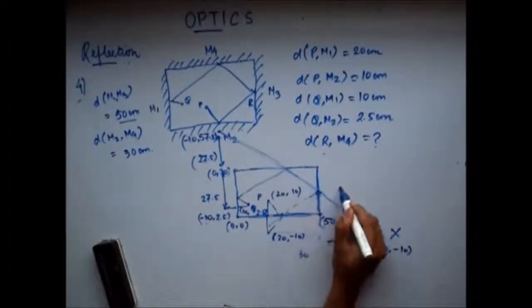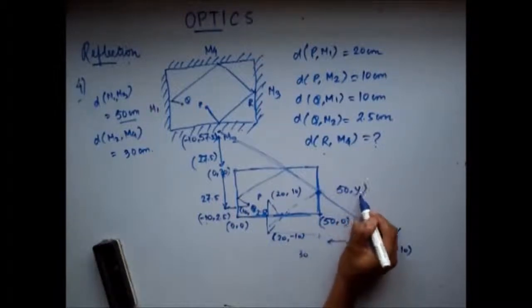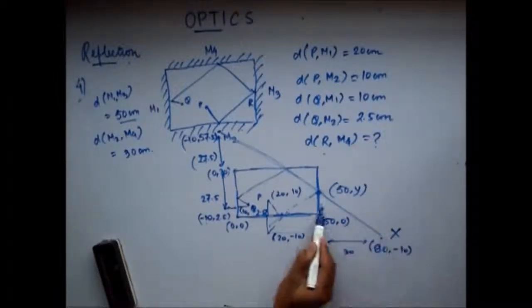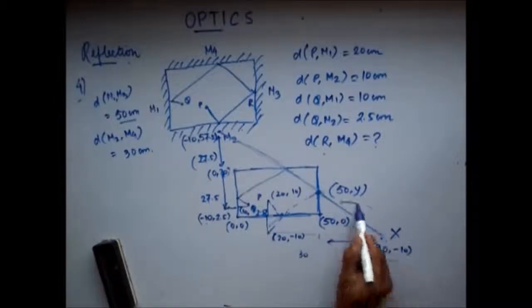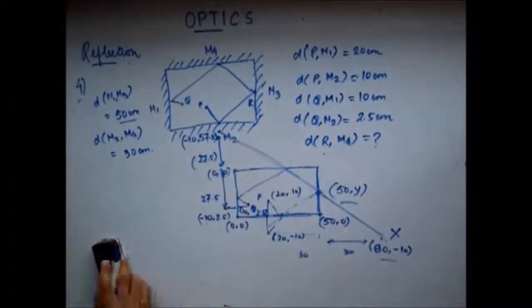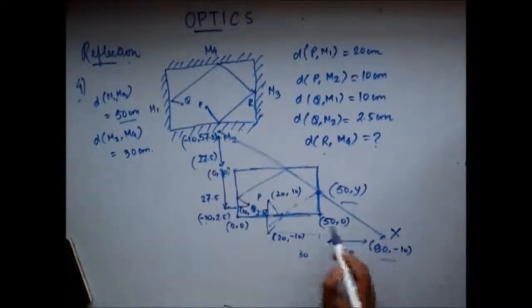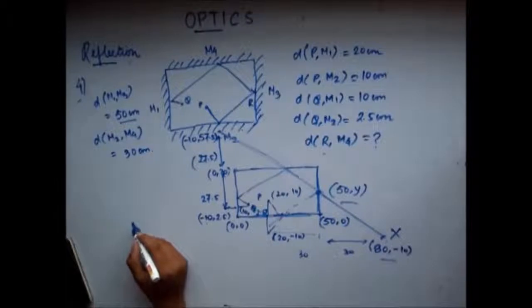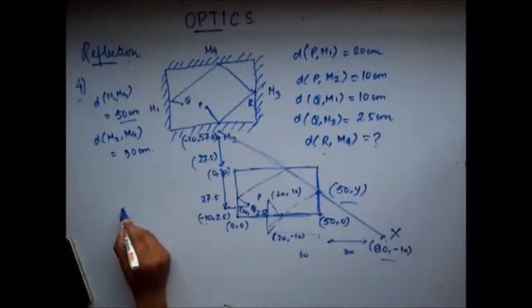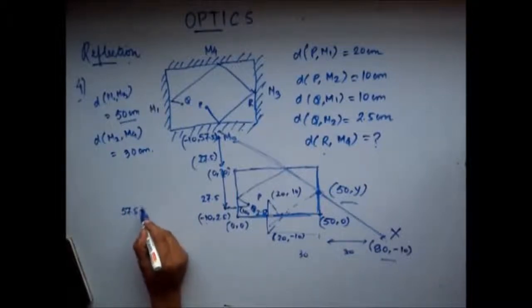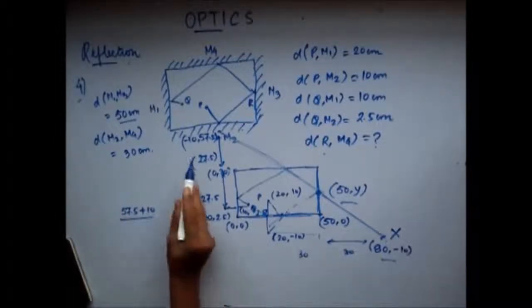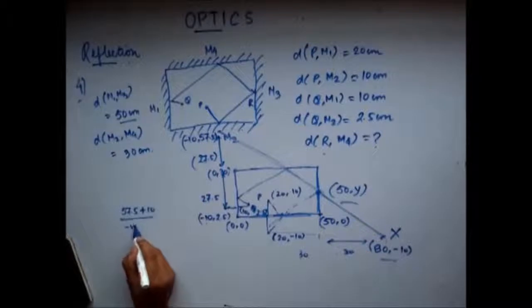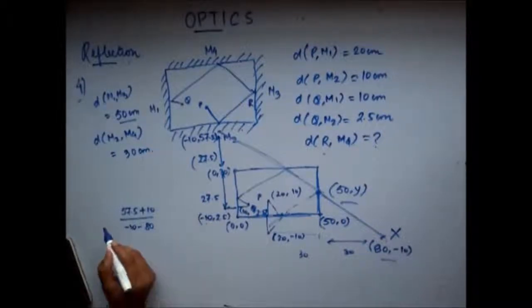If I assume the coordinate of this point as 50, y, the slope which I get using these two points should be equal to the slope of the line. What is the slope of the line? Using these two points, the slope can be written as 57.5 minus minus 10, that is plus 10, divided by minus 10 minus 80.